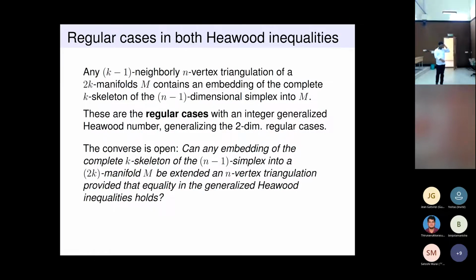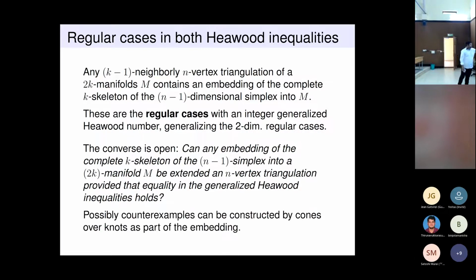It asks: can any embedding of the complete k-skeleton of the (n-1)-simplex into a 2k-manifold M be extended to an n-vertex triangulation, provided that equality in the generalized Heawood inequality holds? He says that possibly counterexamples can be constructed by cone over knots as a part of the embedding.